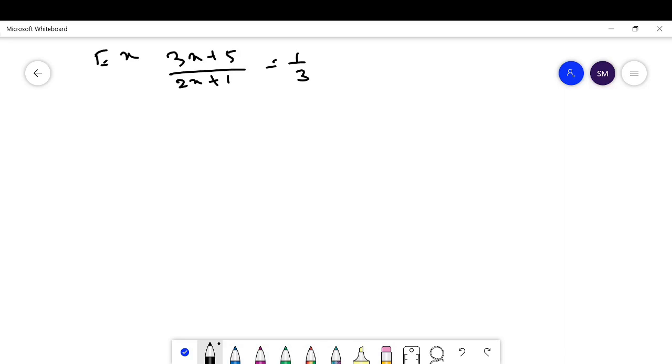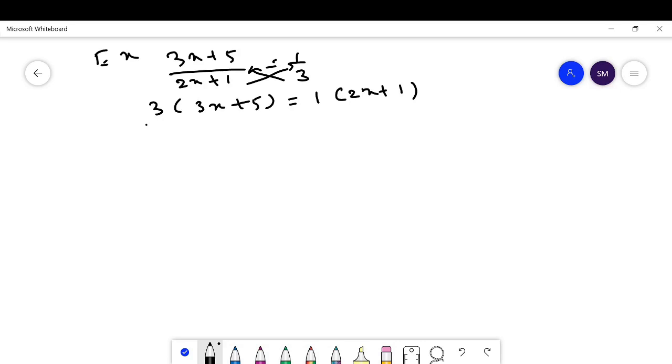Here you use cross multiplication. Here 3 is at the denominator; bring it to the numerator on the right side. And here 2x plus 1 is at the denominator; bring it to the left side and it becomes numerator. Cross multiplication. This goes there, this goes here.